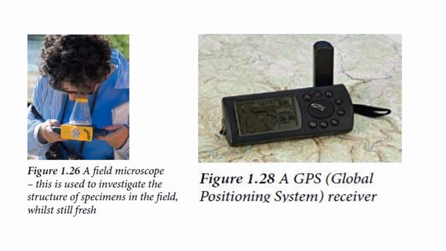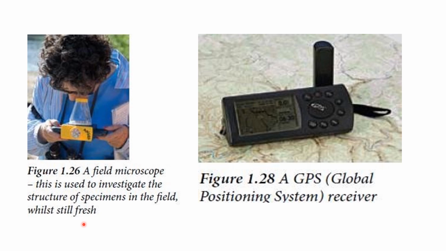Not only this, we are also using field microscopes. A field microscope is used to investigate the structure of a specimen in the field while it is still fresh. We study specimens or samples of animals or different organisms whilst they are still fresh.